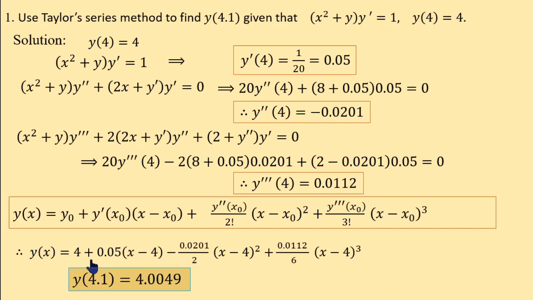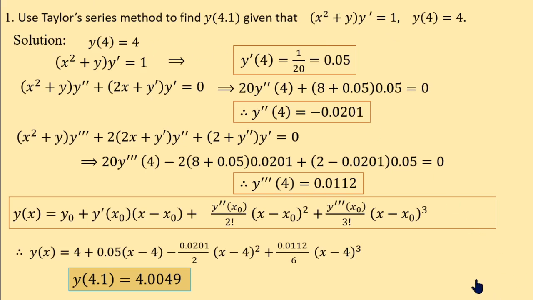Then type like this: 4 plus 0.05 into Ans minus 0.0201 into Ans square by 2 plus 0.0112 into Ans cube by 6. So you will get 4.0049. That is the value of y at 4.1. So this is how we can solve the differential equation x square plus y into y dash equal to 1 by the Taylor series method.